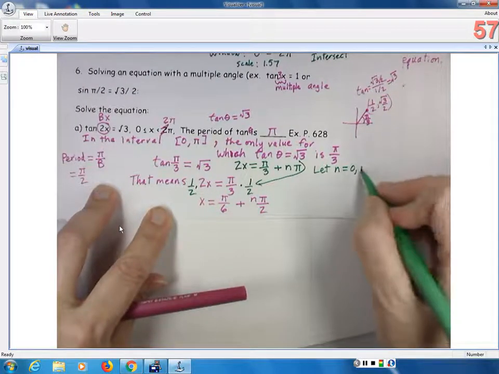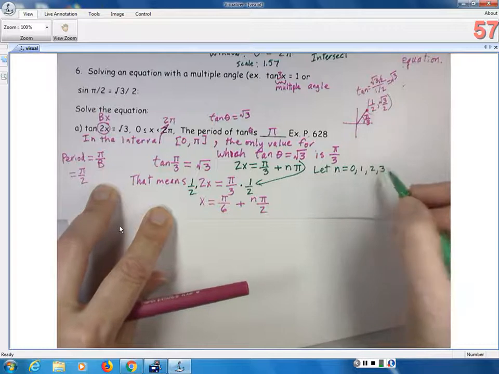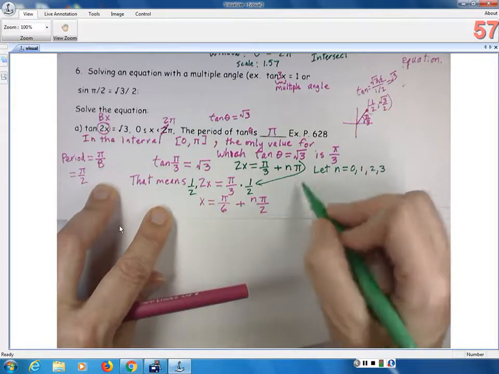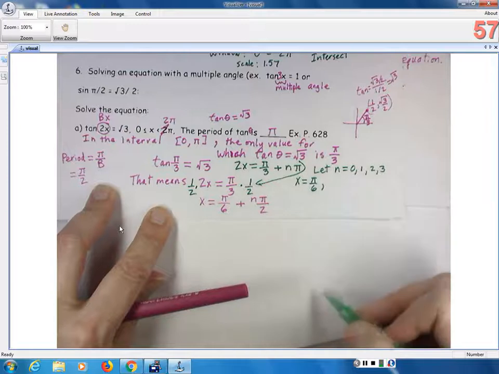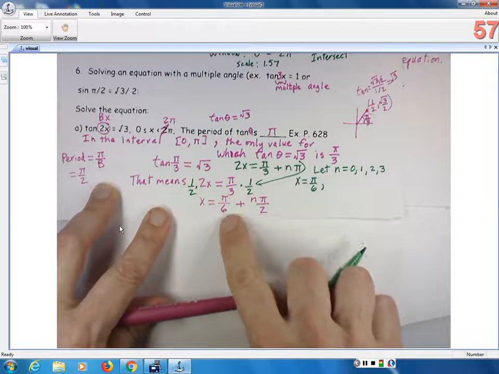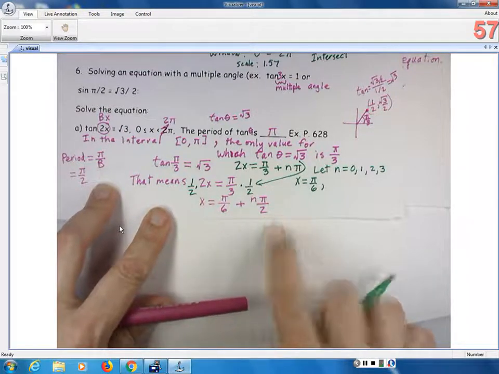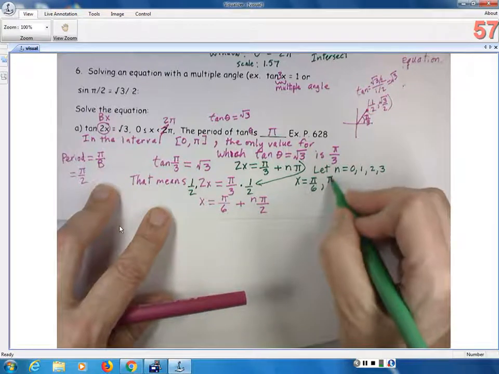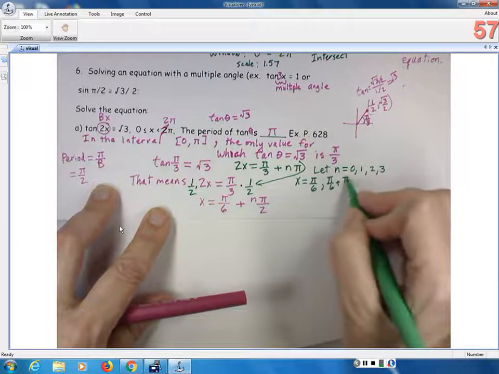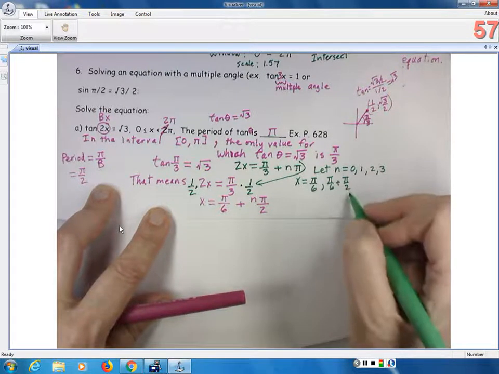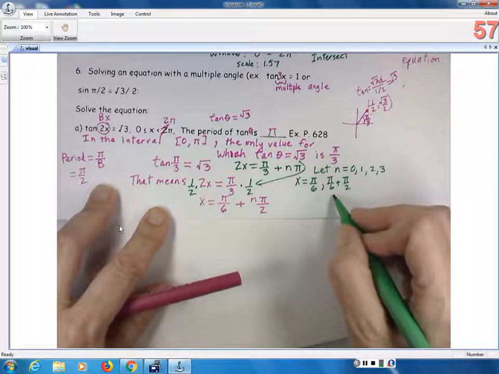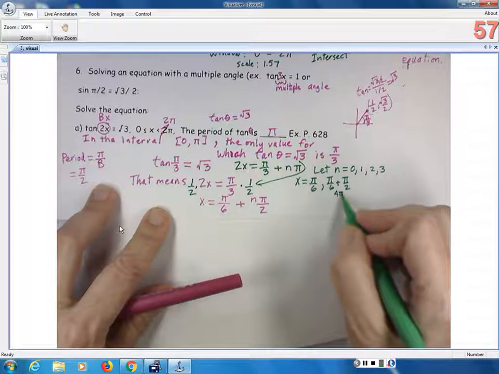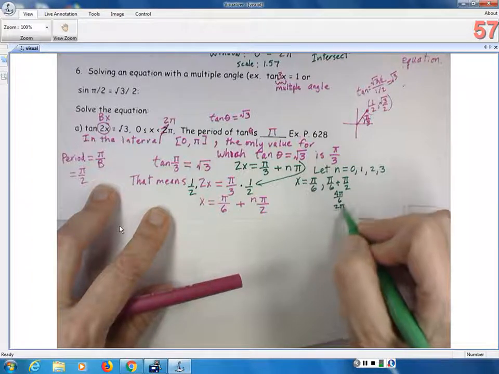0, 1, 2, 3. So when you plug in 0, you get x equals pi over 6. That's one answer. The next one is pi over 6 plus pi over 2. That's 3 pi over 6, 4 pi over 6, which is 2 pi over 3.